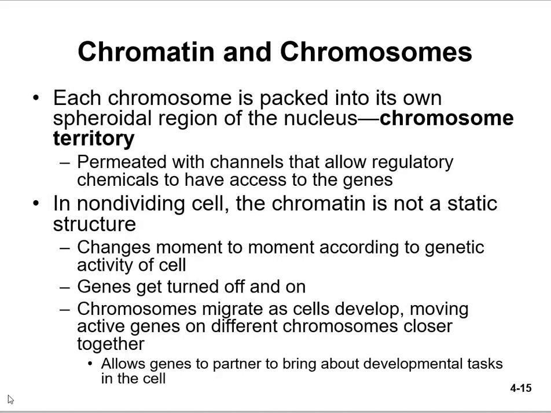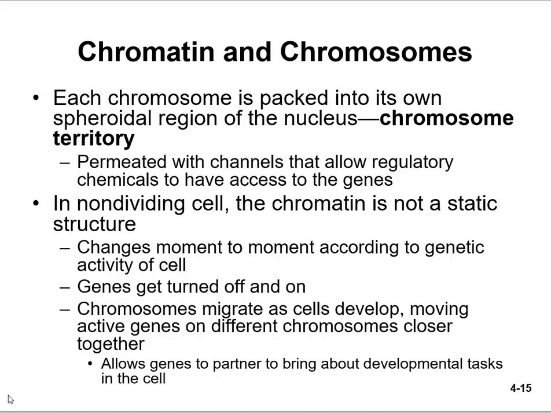Finally, each chromosome is packed into its own little spheroid region of the nucleus. This is called the chromosome territory. A chromosome territory is permeated with channels, and this allows regulatory chemicals to have access to the genes on the chromosomes. This is the state of the DNA in a non-dividing cell. It's not a static or stationary structure.